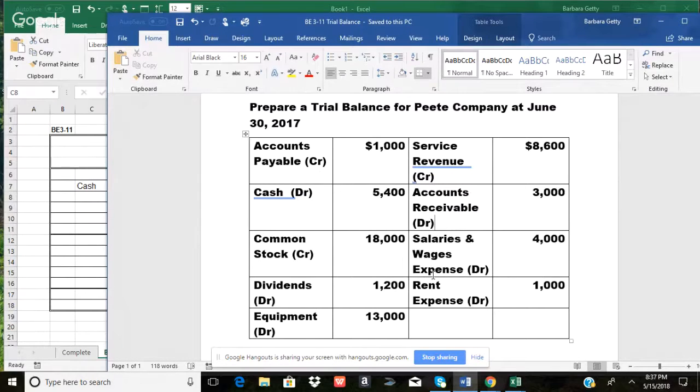So for me, in order to list them from the book onto the trial balance, it was easier to first find out which ones were the debit ones and which ones were the credit ones, and then from there, start listing them in the trial balance.